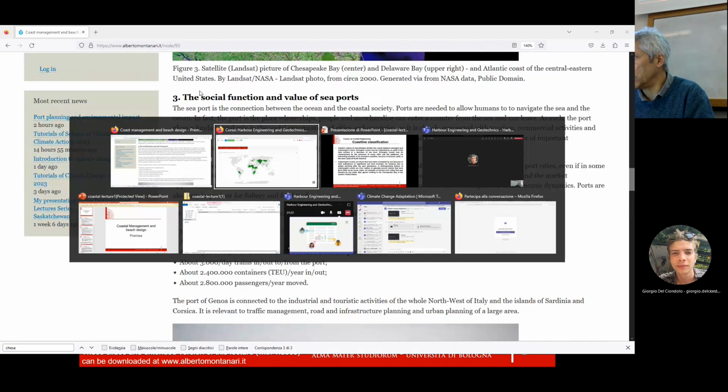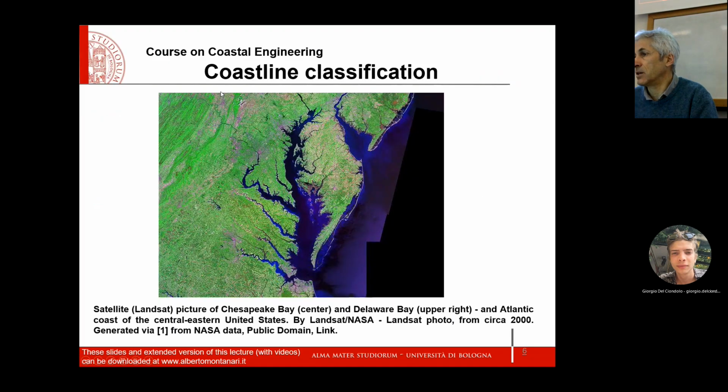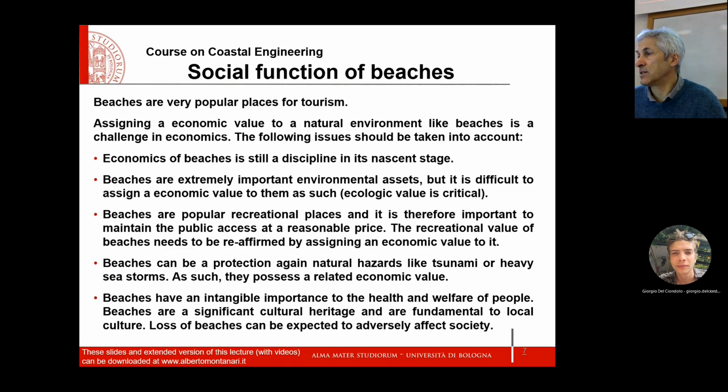Perfect. Now let me go back to the PowerPoint here, and let's talk for just a few seconds. The beaches are extremely important environments for their social and economic function. We already mentioned this. Keep in mind that they are extremely vulnerable because they are exposed to salt water, to spray, to erosion by sea waves, to the effect of climate change, and also to other anthropogenic forcings like the use of beaches for tourism.